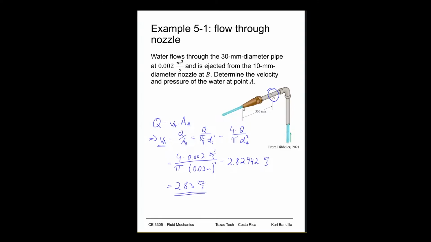Right, it was to get the velocity and the pressure. Now, what do we do for the pressure? Well, for the pressure, we can use Bernoulli's equation, right? Because we fulfill all the requirements, right? If we go from this point here to this point there, from point A to point B, we're in the center of the pipe, so it's always going to be the same streamline, right?